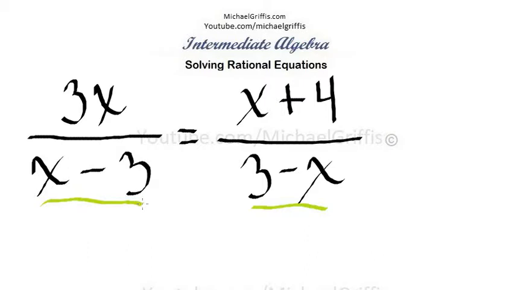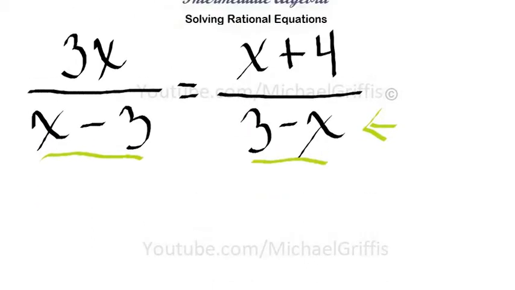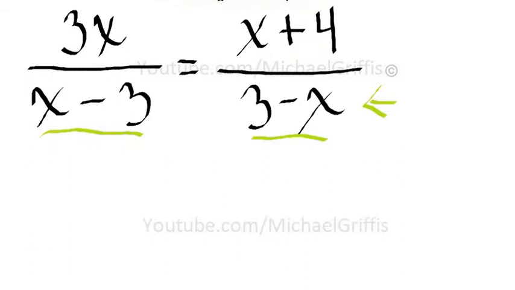And what I would suggest to do is on this one here, it doesn't matter which one, I would factor out a -1 out of that 3 minus x. And in doing so, it should look something like this.